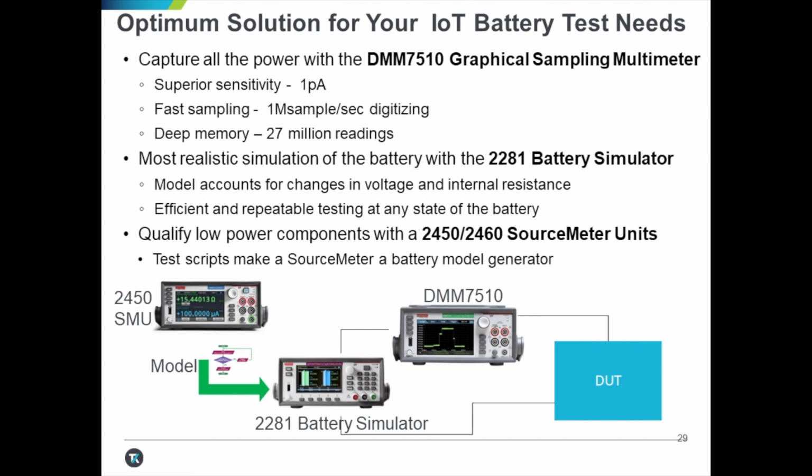Superior sensitivity down to a picoamp, super fast sampling at a mega samples per second, and really deep memory up to 27 million readings.